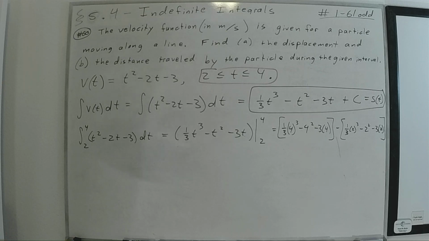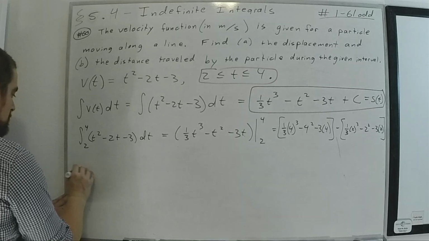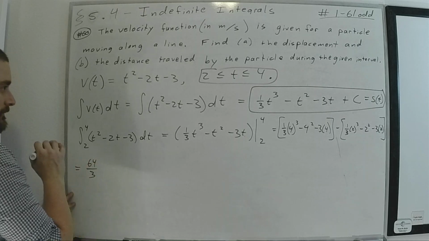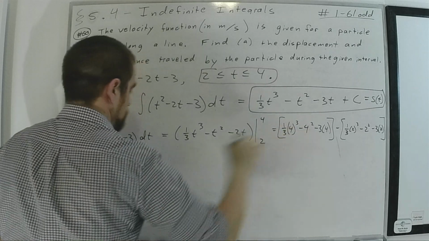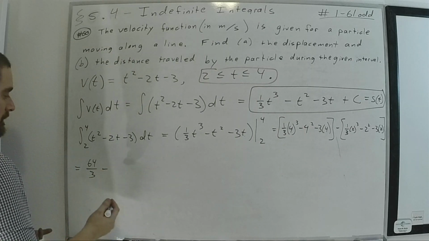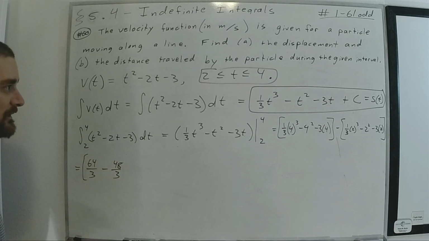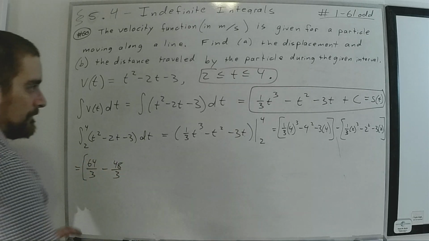So let's start figuring out what we get. This is going to be 4 cubed over 3, which is 64/3, minus, this will be 16. But if I multiply 16 by 3, I'll get 48/3. I'm just going to go ahead and get a common denominator. We're going to need it anyway.